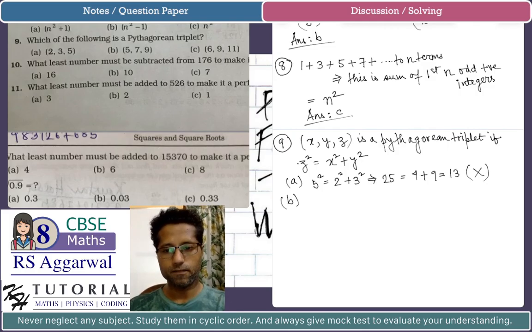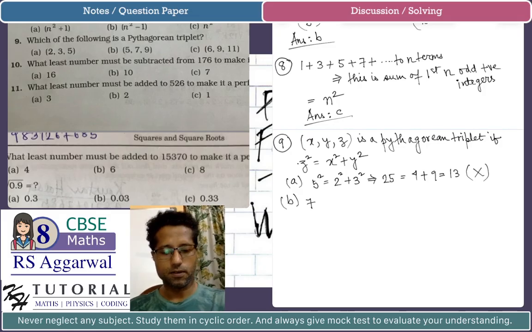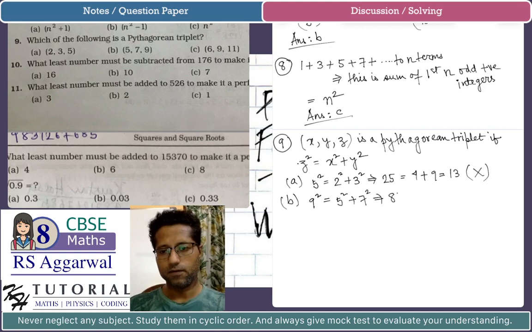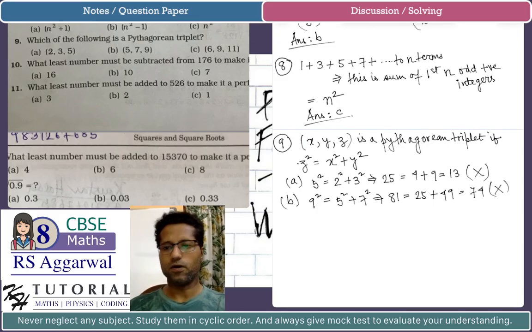So we must have 9 square equal to 5 square plus 7 square. This implies 81 should be equal to 25 plus 49, which is 74. This is also false. Choice B is also wrong. 5, 7, 9 is not a Pythagorean triplet, as the property is not satisfied.